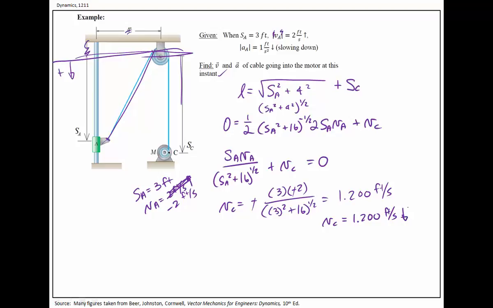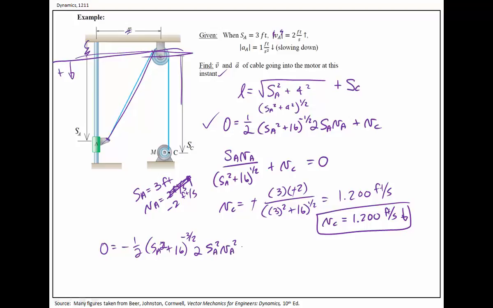Feet per second downwards. And then we could take the derivative of this up here again, and we could say, oh, this is a long one, equals 0, -1/2 SA squared plus 16 to the -3/2 times 2 times SA squared VA squared, plus SA squared plus 16 to the -1/2 VA squared, plus SA squared plus 16 to the -1/2 times SA AA plus AC.